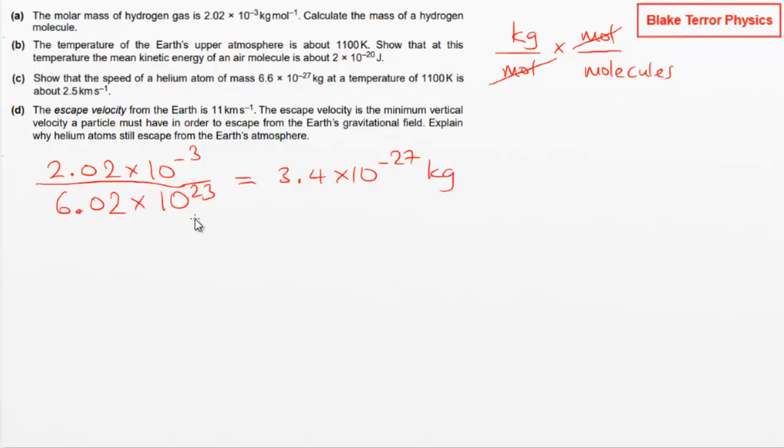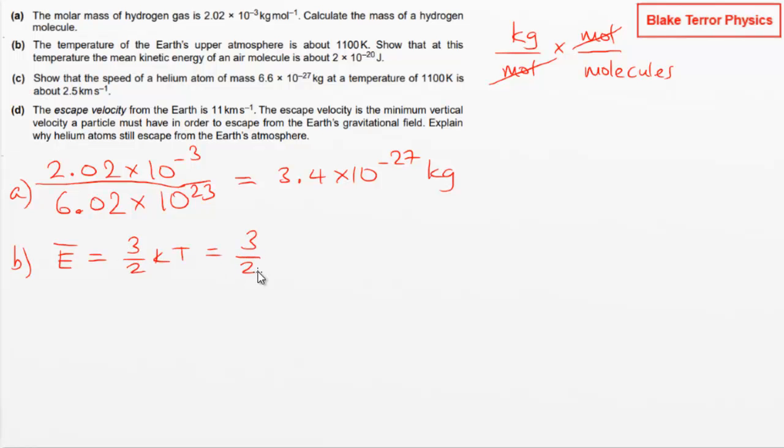Right, part B, the temperature of the Earth's upper atmosphere is about 1100 Kelvin. Show that at this temperature, the mean kinetic energy of an air molecule is about 2 times 10 to the minus 20 joules. Well, we can use our 3 over 2 kT.